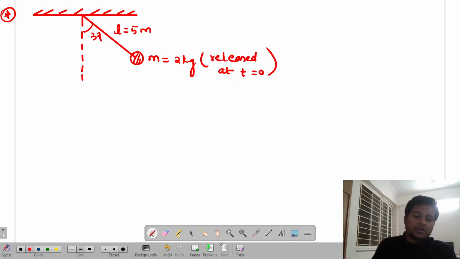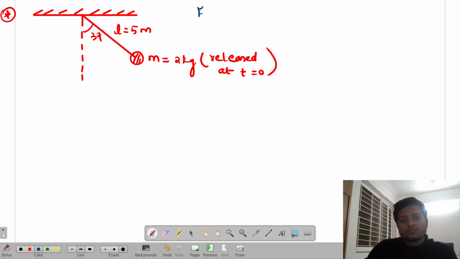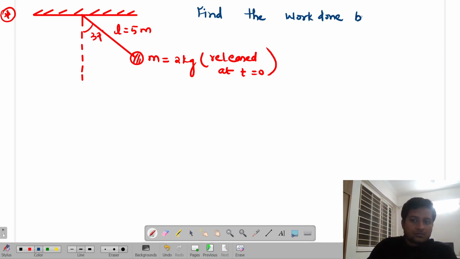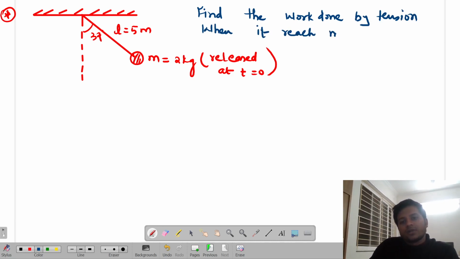Then the question is: find the work done by the tension when it reaches the mean point.